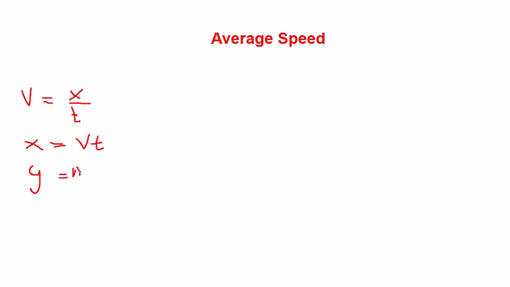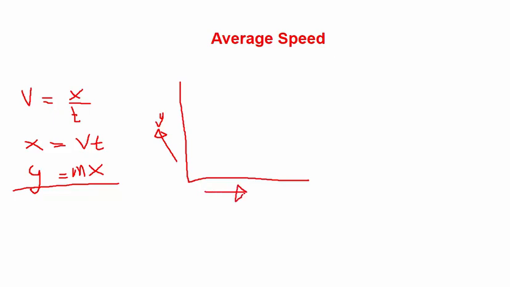What is the specialty of the equation y equals mx that you learned in algebra? Well, this is called a linear equation. What it means is that if you draw a graph of y on the vertical axis and x on the horizontal axis, that graph will be a straight line.